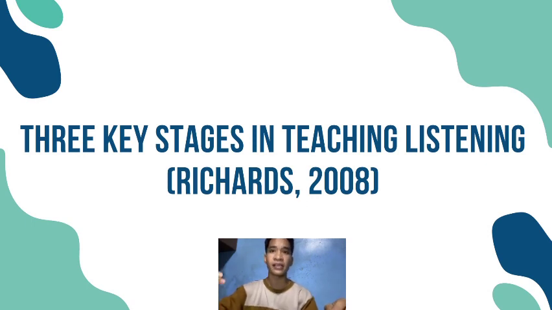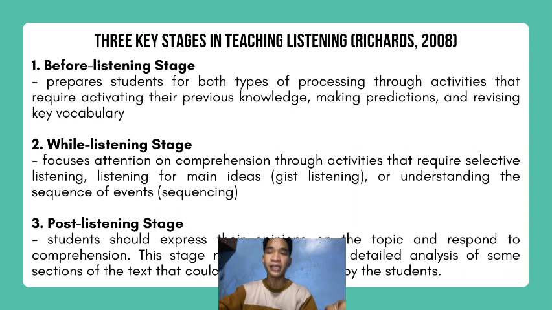In the before listening stage, this allows students to prepare for both types of processing through activities that require activating their prior knowledge, making predictions, and revising key vocabularies. So this involves pre-listening activities.